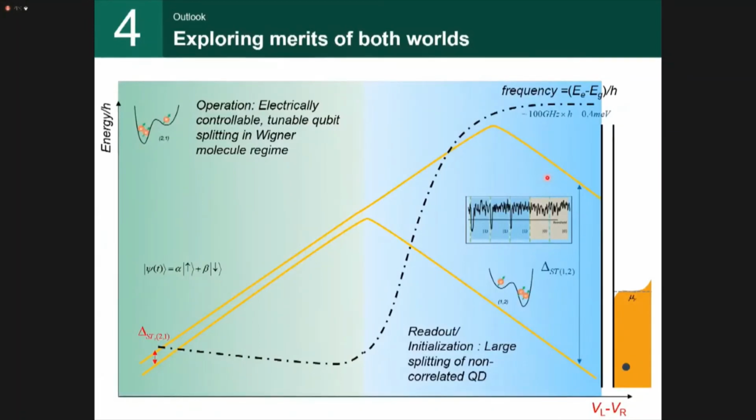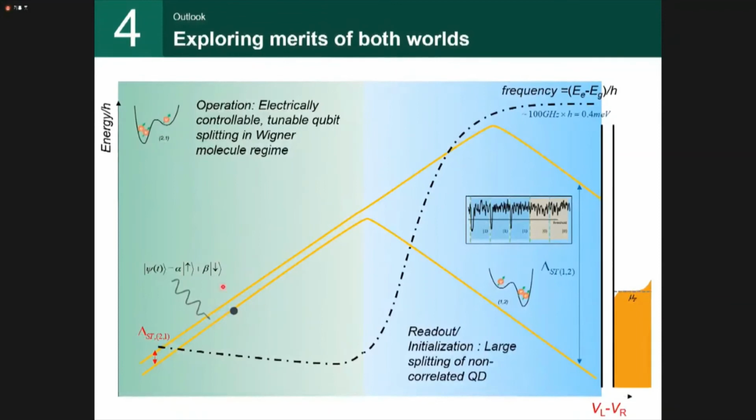What we at least know right now is that because on the left quantum dot, the orbital level is quenched due to electron-electron interaction, we can actually use this interface between strongly correlated molecule versus non-strongly correlated molecule and initialize our qubit state in our big splitting here, go to here and coherently manipulate, and then go back to the non-correlated regime and do the single shot readout.